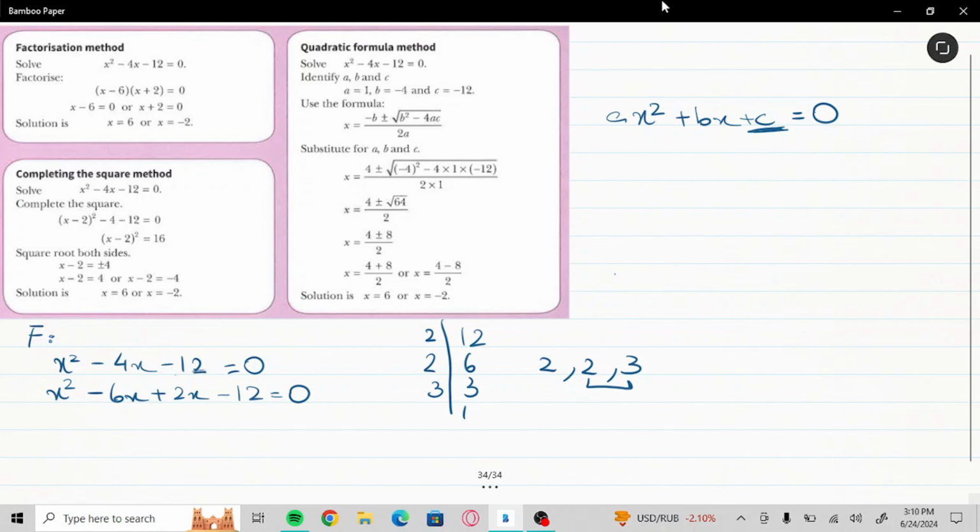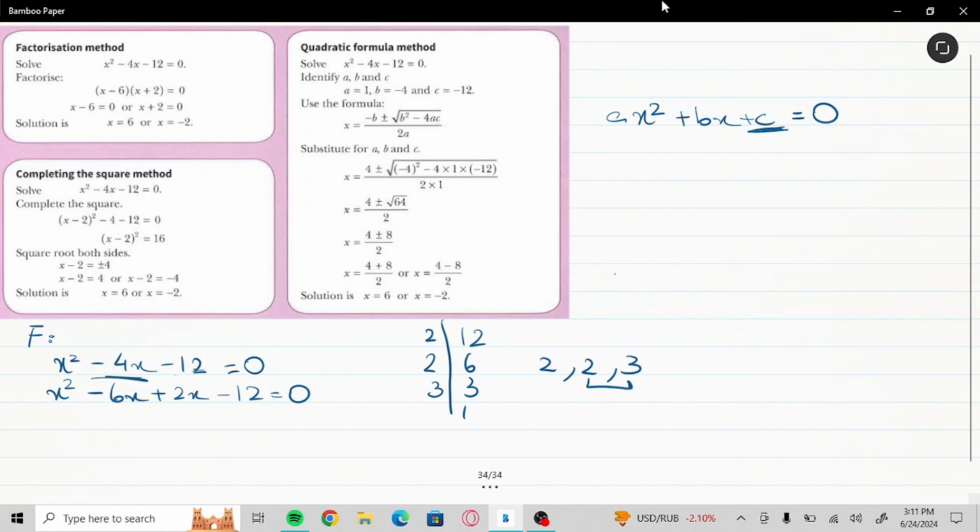And if we see, minus 6 plus 2 is equal to minus 4x, which satisfies this equation. I know many people may get confused, but it's about a lot of practice. If you can't get this, look at videos, try to understand, and solve questions using the factorization method. It's really important, even in maths.